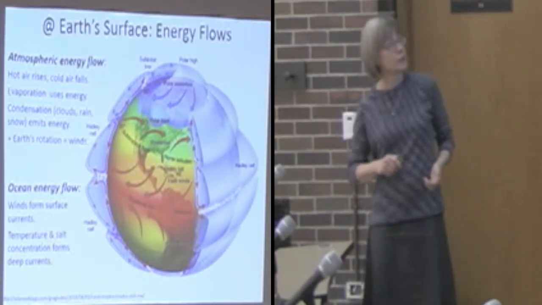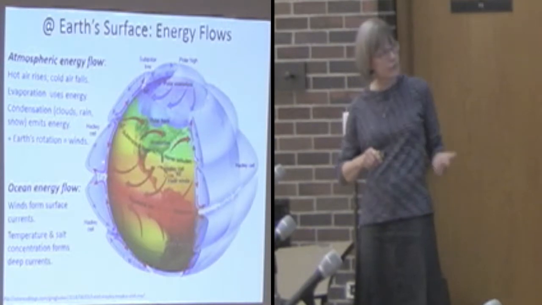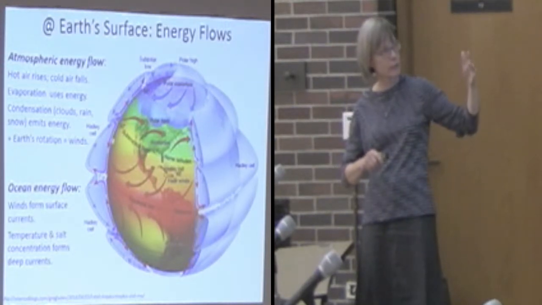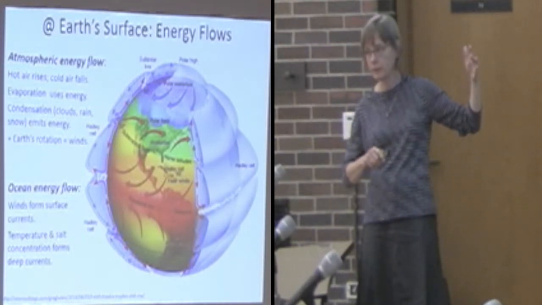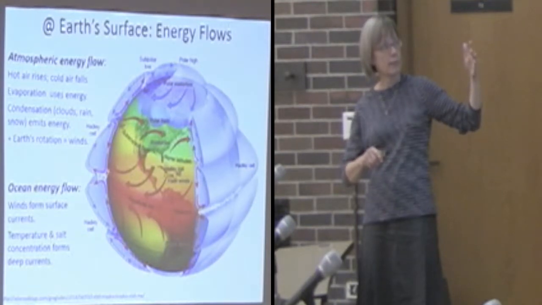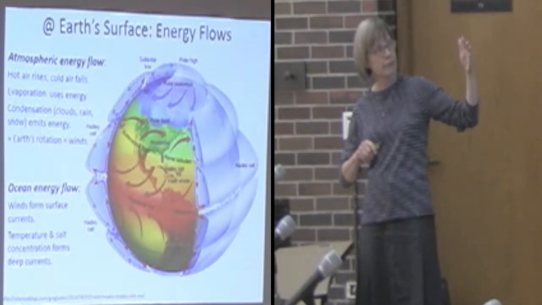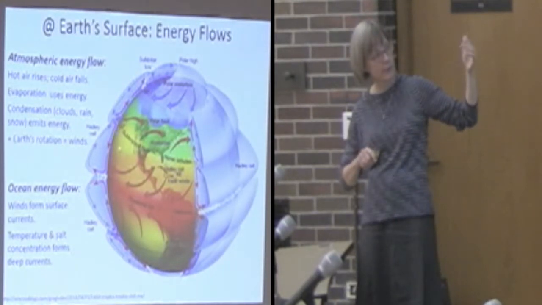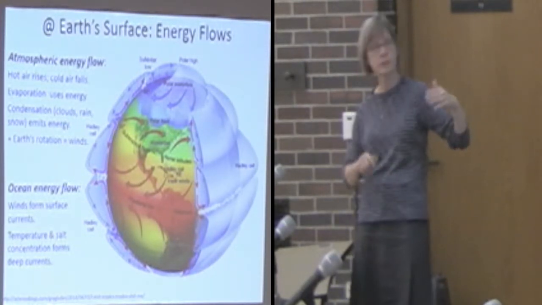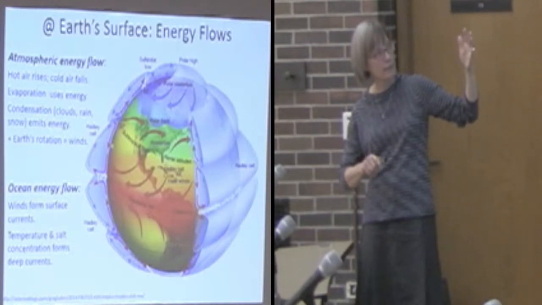Okay? So if you look at the surface of the Earth kind of in cross-section, you see that hot air is rising at the equator, the red arrows. This indicates a lot of rain coming out as it's rising. And then it cools down, it flows north, comes down around the region of the deserts, and flows back along the surface of the Earth and cycles this way.